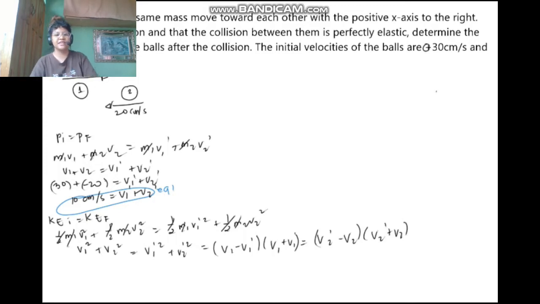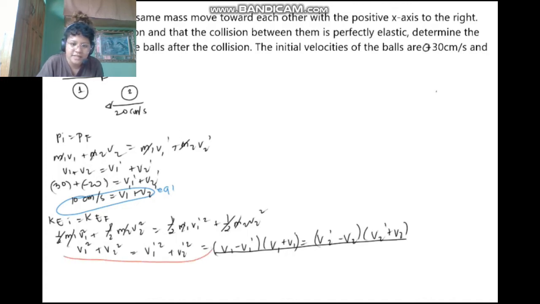And now that we have this long formula, we're going to divide this with this. But before we divide, we're going to rearrange it to make it easier to divide. This equation is also equal to v sub 1 minus v sub 1 prime is equal to v sub 2 prime minus v sub 2. They're the same.